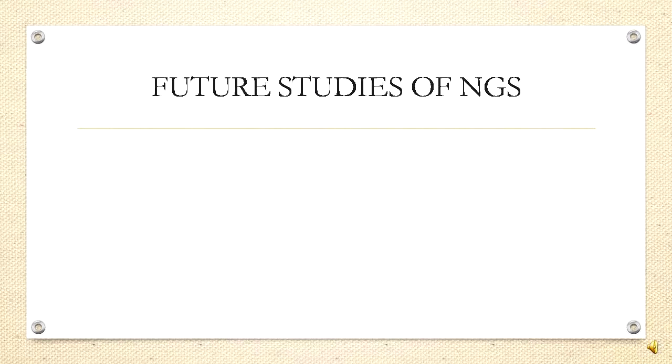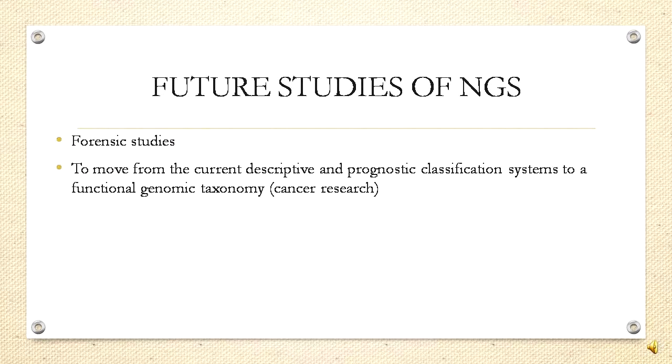For the future application of the next generation sequencing, they are basically applicable into the forensic studies. Besides, to move from the current descriptive and prognostic classification system to a functional genomic taxonomy, especially in cancer research.